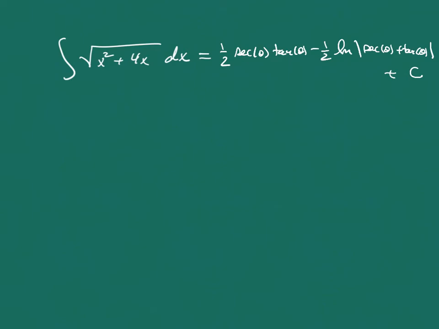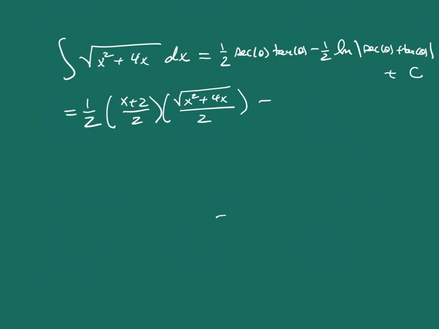And so what happens now for our secant of theta, so we have our secant of theta being x plus 2 over 2, tangent of theta being our square root of x squared plus 4x over 2, minus my 1/2 natural log of secant. So secant is going to be my x plus 2 over 2 plus my square root of x squared plus 4x over 2 plus my arbitrary constant.